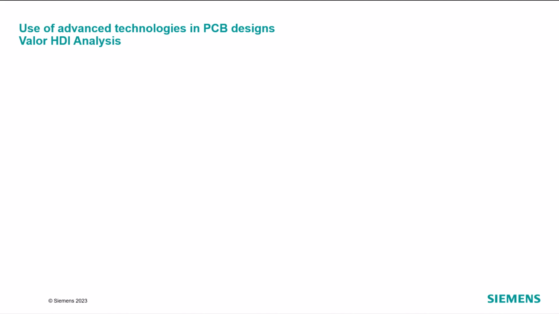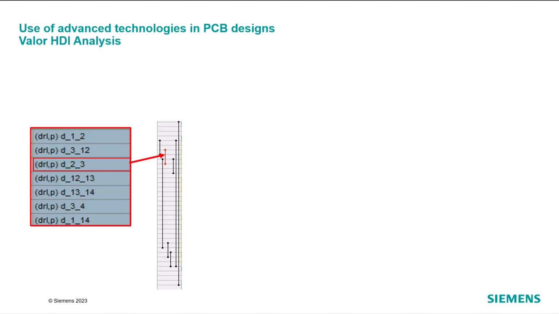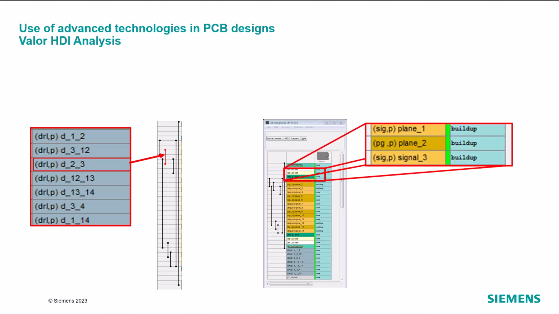In the case of HDI analysis, Valor NPI will automatically enable HDI checks if these two conditions are met: the design contains at least one microvia, and there is at least one buildup layer present in the stack-up. Once these conditions are met, the system will automatically enable the HDI checks without any user intervention. Valor has 53 dedicated HDI checks that are available.